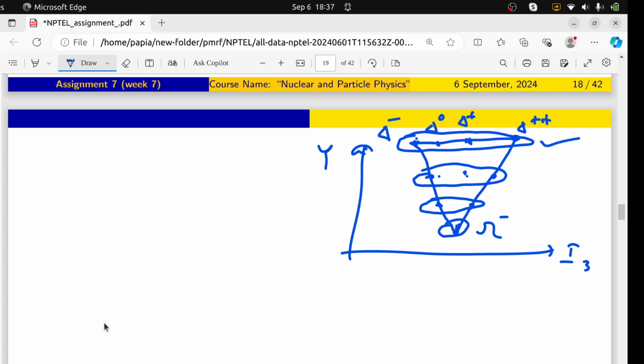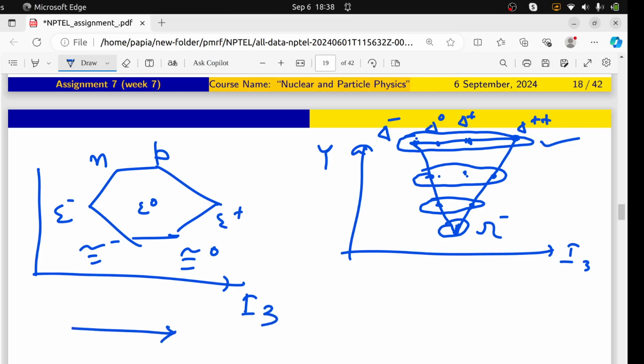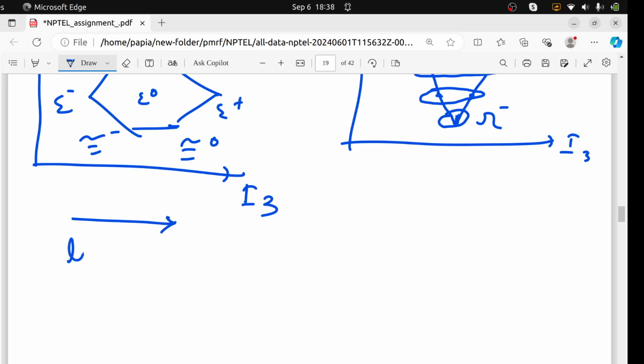Now the second point we need to think about. Let's say this one was there. Here neutron was there, proton was there, and cascade minus, cascade 0, and then sigma minus, sigma 0, sigma plus. If I am going from left to right along the I3 axis, then what will happen?